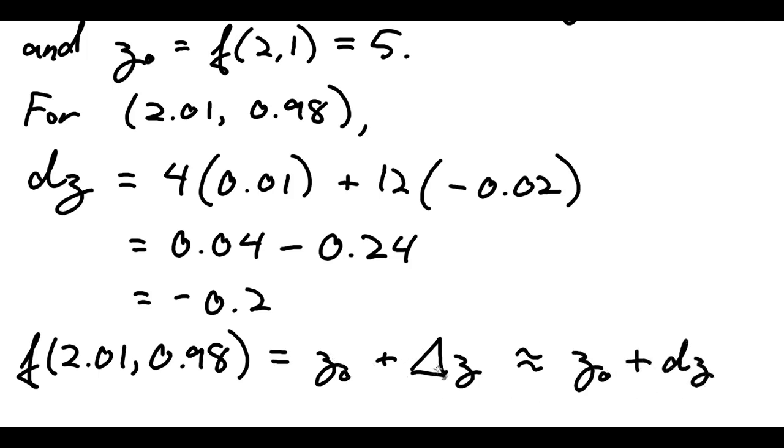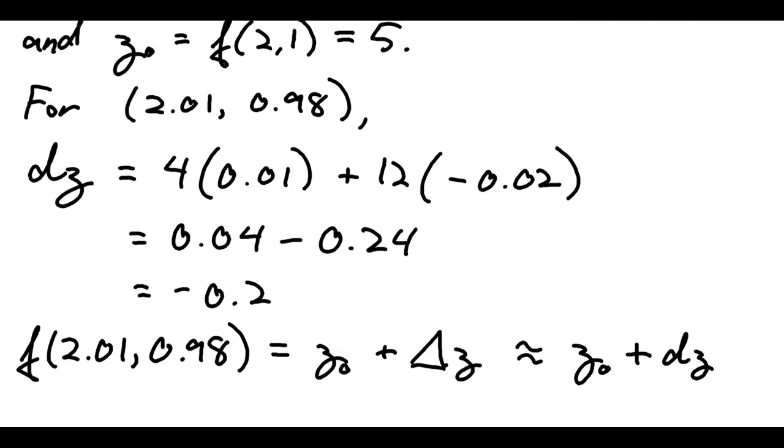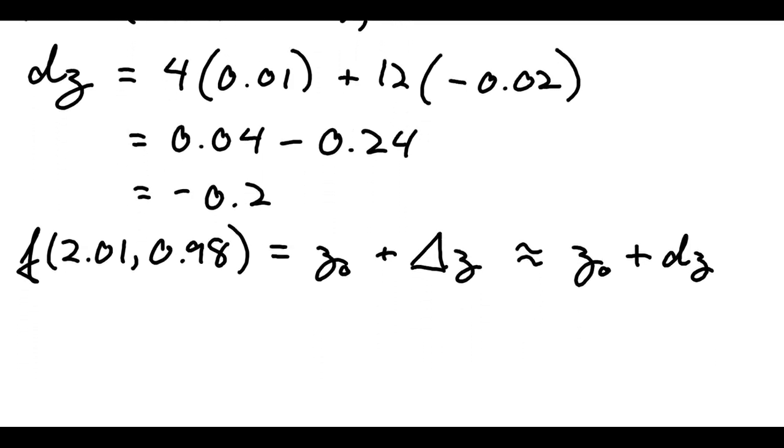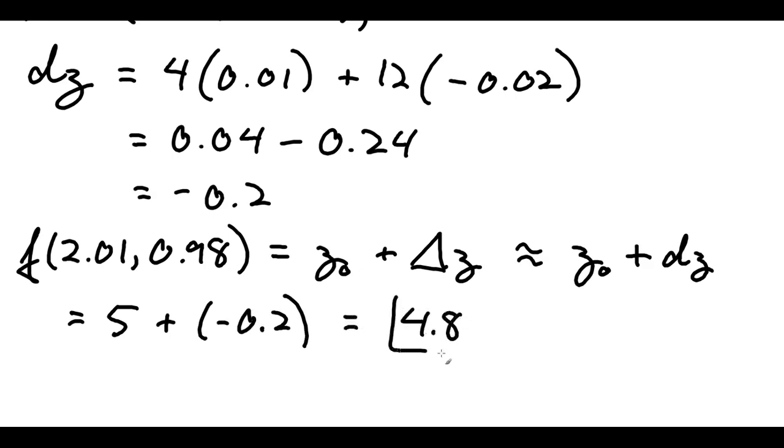So z0 plus delta z is approximately equal to z0 plus dz. Z0 is 5. Dz we found to be negative 0.2, and 5 plus negative 0.2 is 4.8. And that, you might recall, is the approximation that we found just a few minutes ago, using the method with the tangent planes and or linearization.